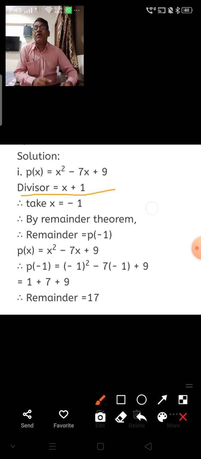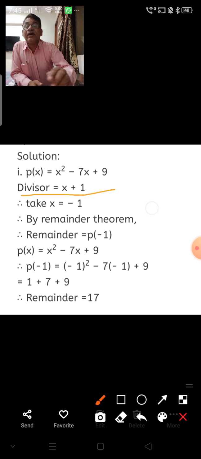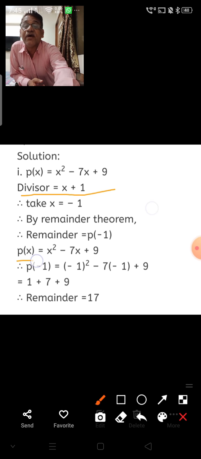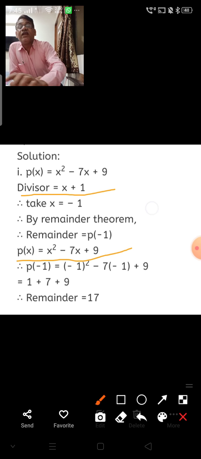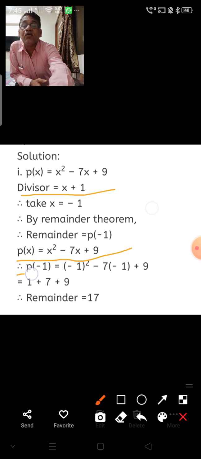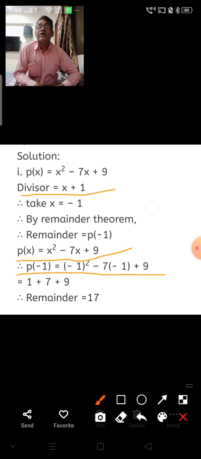Then p of x is equal to x square minus 7x plus 9. Now what is p of minus 1? Substitute the value x is equal to minus 1 in the given polynomial. Then you get minus 1 square minus 7 into minus 1 plus 9.